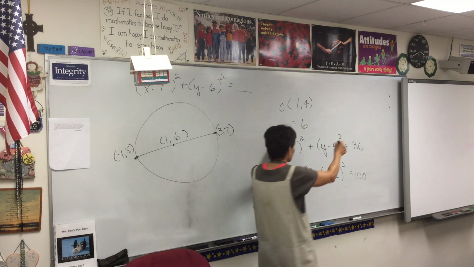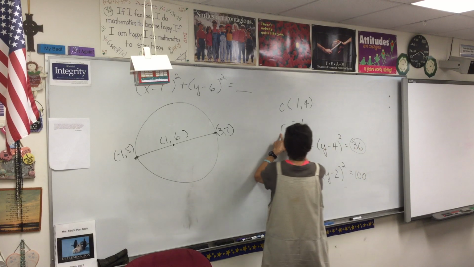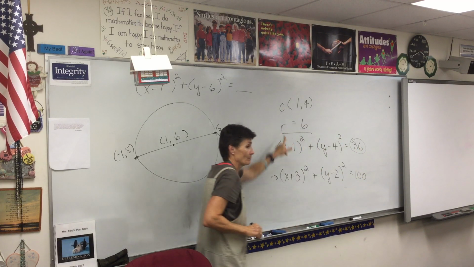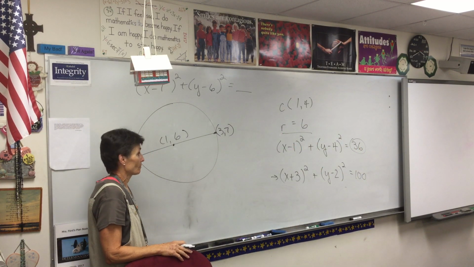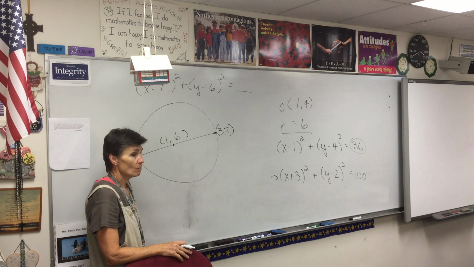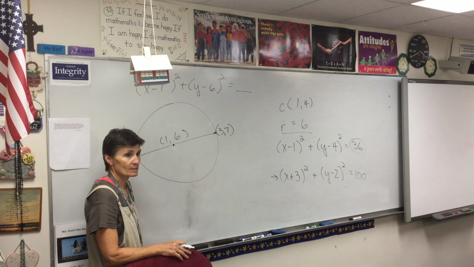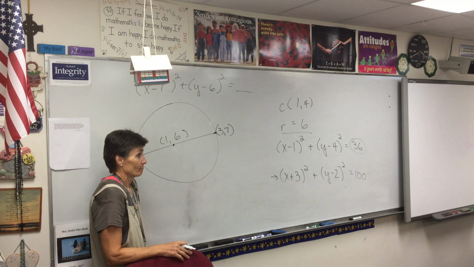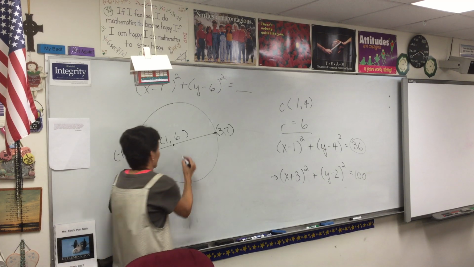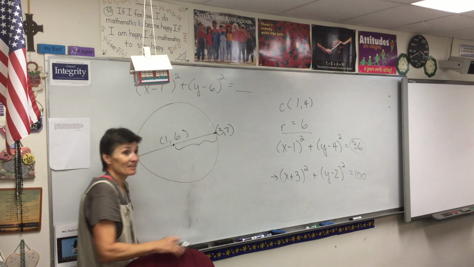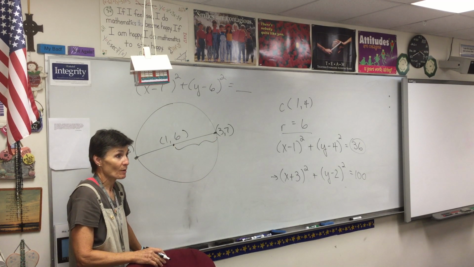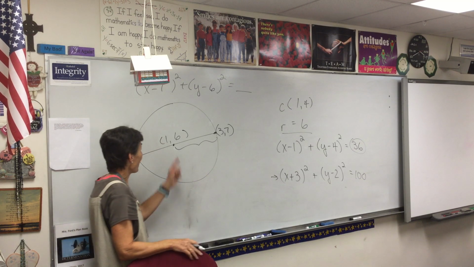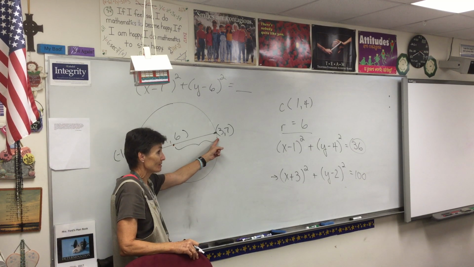Now to get this number, we need to know the radius. How will I find the radius, do you think? Isn't that the radius right there? So I need to know how far it is from here to here.